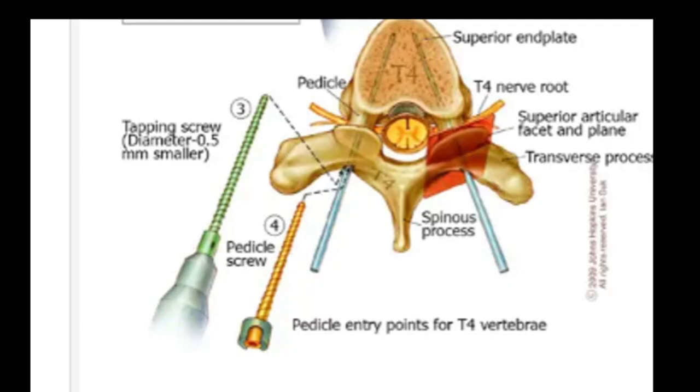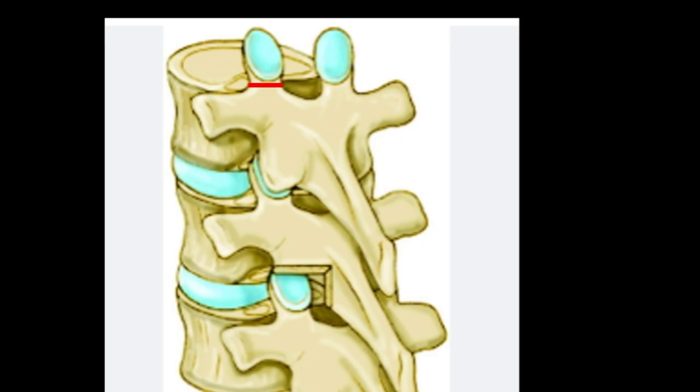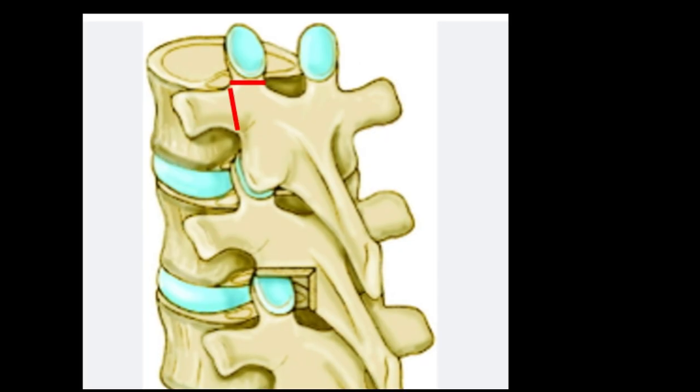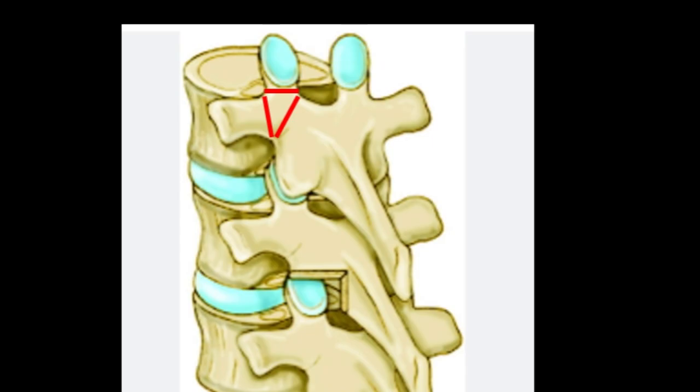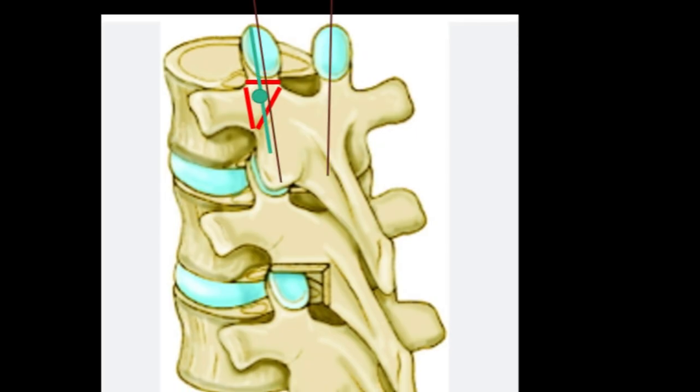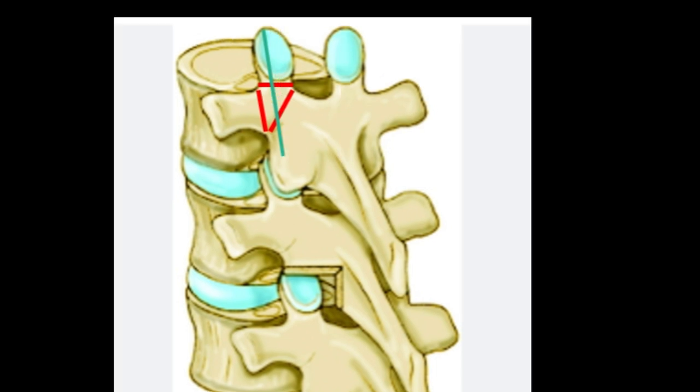So you can see here, this is the base of the transverse process, this is the medial border of the base of the superior articular process, the medial border of the transverse process, and the pars interarticularis. So this is the triangle which we are talking about, and this is the midline of the superior articular process.